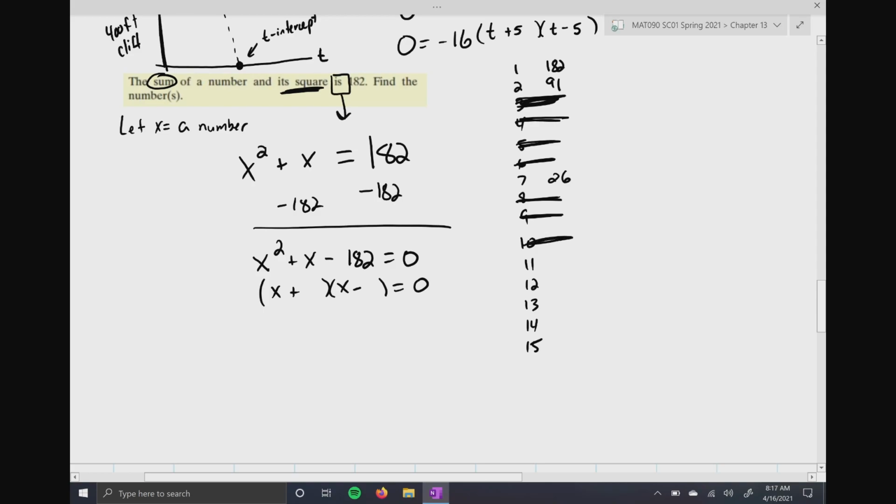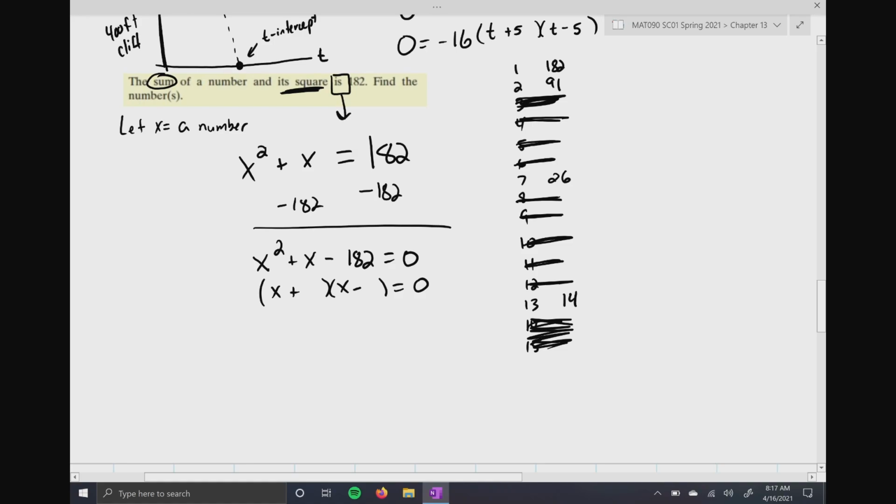I'm going to try it anyways. 182 divided by 12. Nope. 182 divided by 13. Perfect. Because now if I take 182 divided by 14, I get 13 back. So I don't need the rest of these numbers down here.